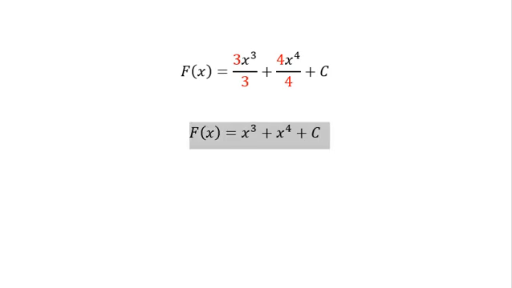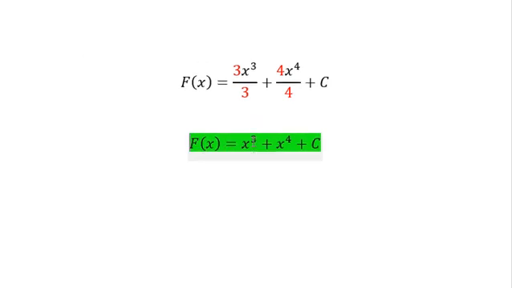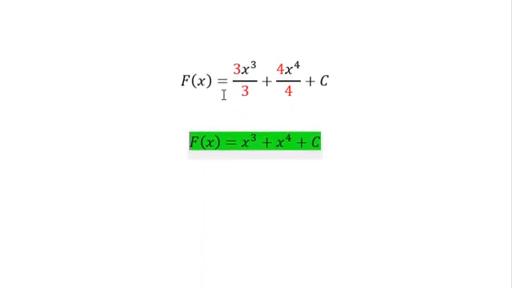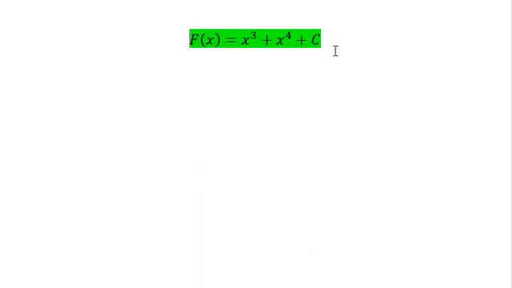Now, if you need to prove this answer, you can take the derivative of this function, and you should end up with the original function. That proves that our antiderivative is correct. Let's find the derivative of f of x.